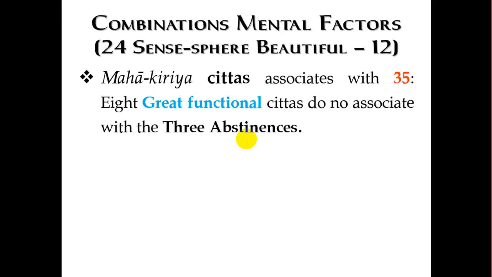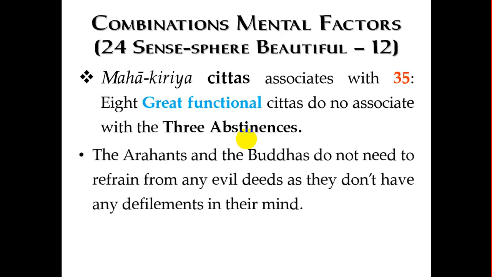So here, Mahakriya means 8 great functional chetas, right? But they do not associate with 3 abstinences. The reason is, Arahants and the Buddha do not need to refrain from any evil deeds because they don't have any defilements in their mind, right? Nothing to refrain from. So therefore, there are no 3 abstinences.